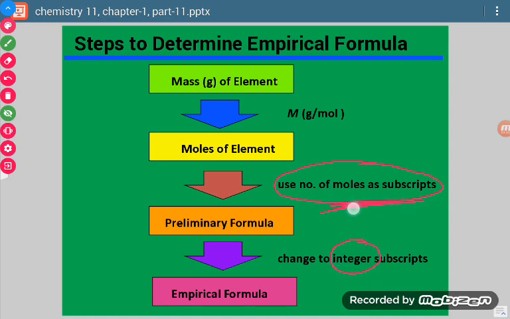In case they are not integers, then we will change them into integers. Now this can be done by multiplying with a suitable number, or if it is nearer to the next number, then no need to multiply, and if it is a little bit higher than the previous number, then also that can be neglected. So for 1.95 we can write 2.